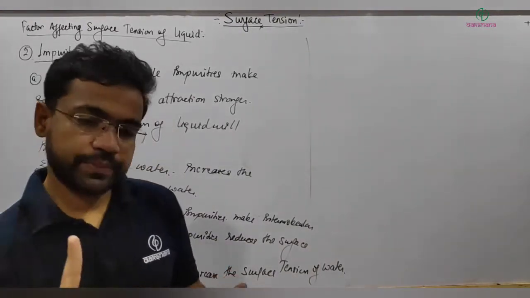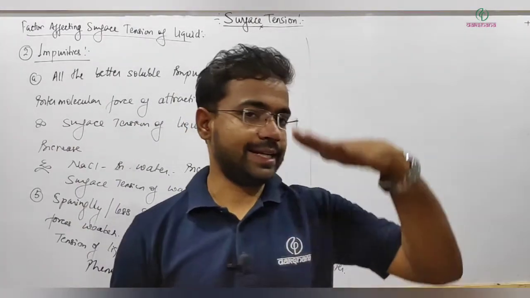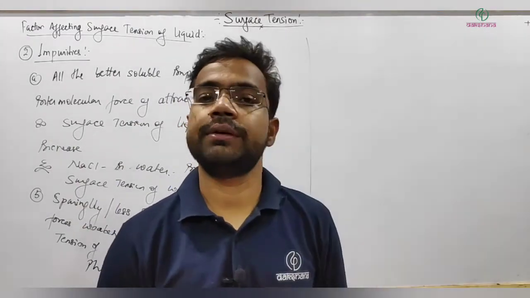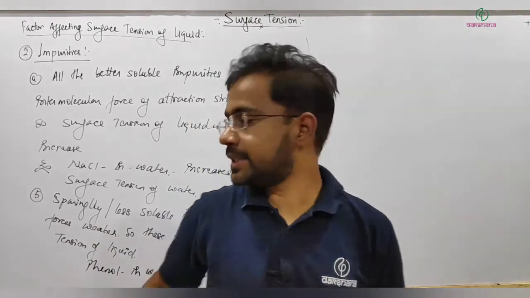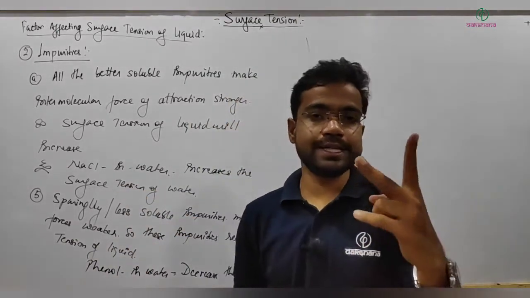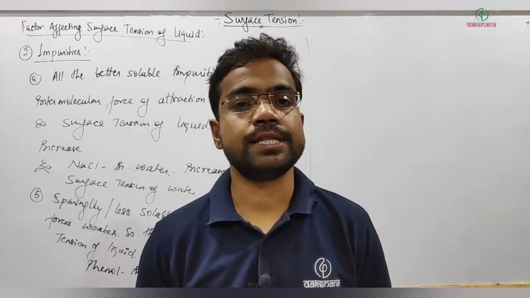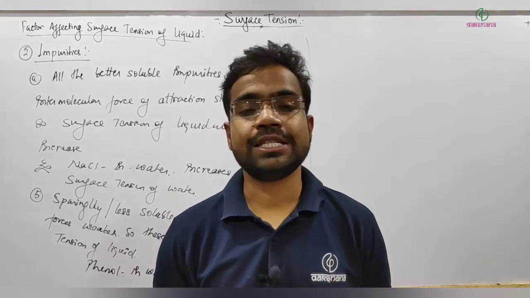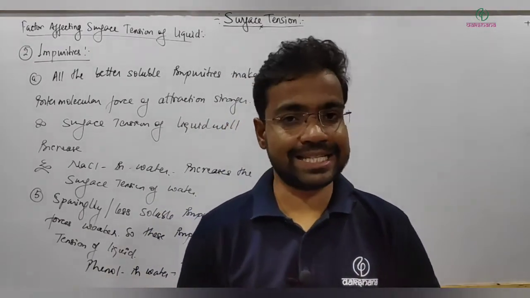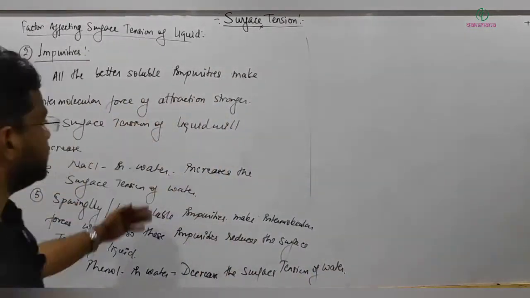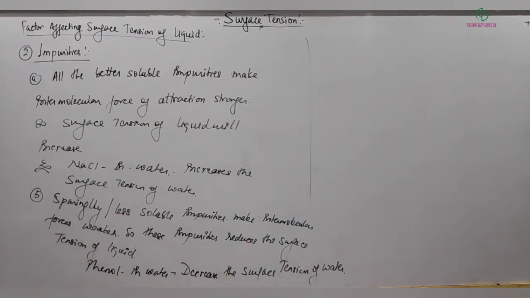One is temperature. Temperature increases, surface tension of liquid decreases. Another factor is impurities. In impurities, there are two cases. Soluble impurities will increase the surface tension. Insoluble or less soluble impurities will decrease the surface tension. And we can correlate that with the intermolecular force of attraction for the liquid.